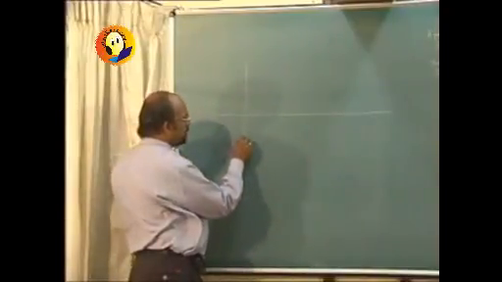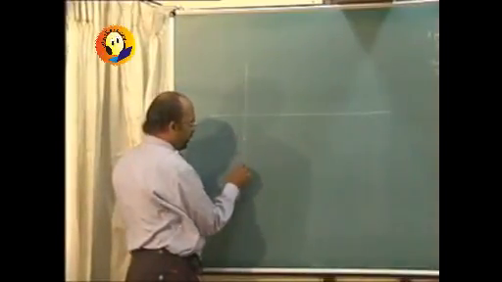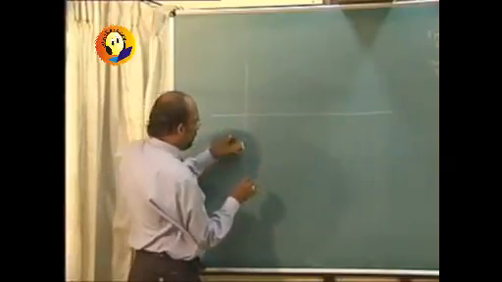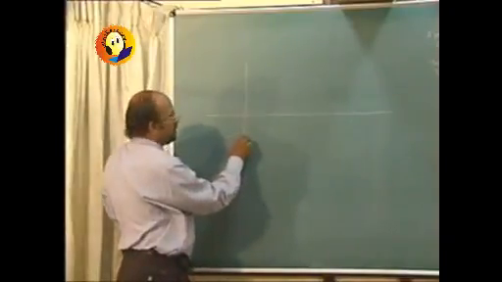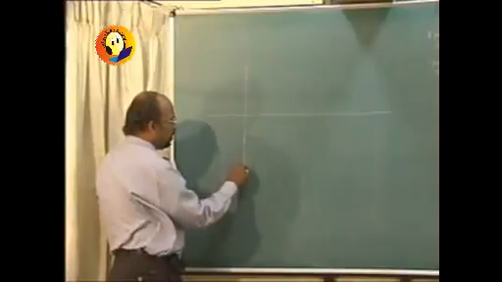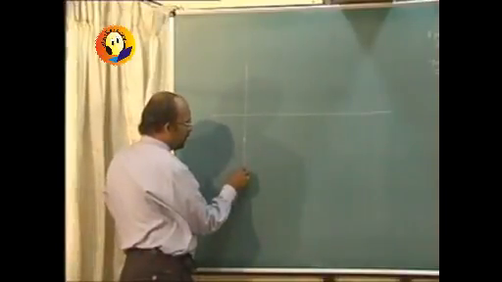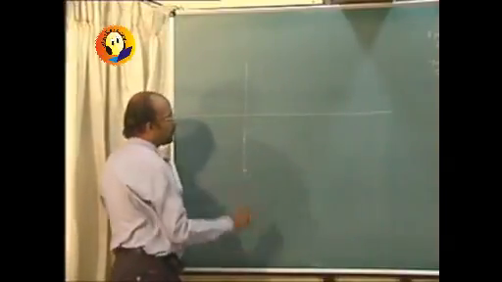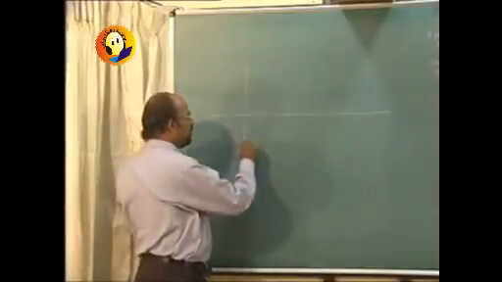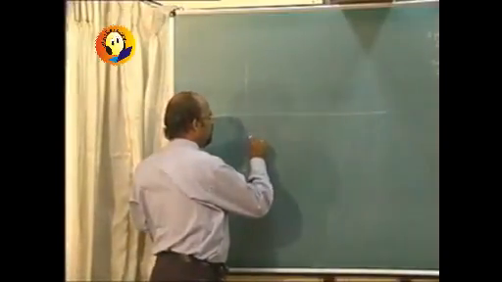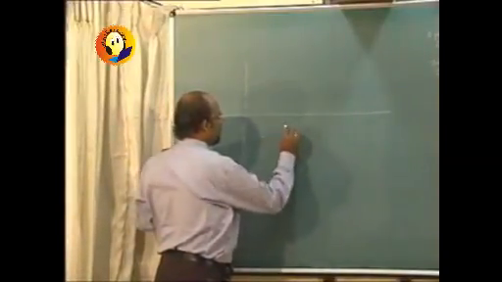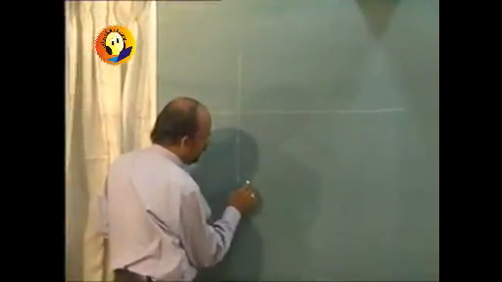So take a distance equal to 30 millimeters. It is side of the pentagon. Mark 30. Then you can measure the internal angle, which is 108 on both sides.